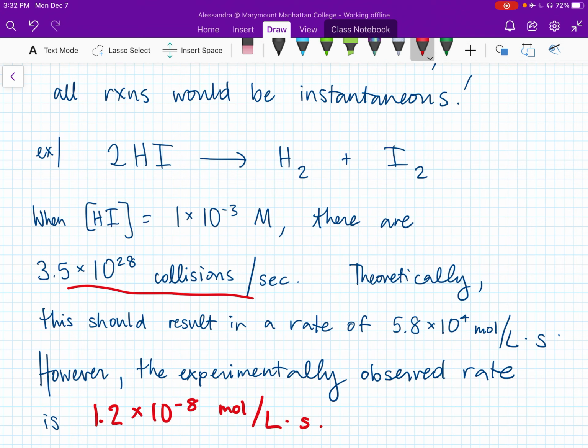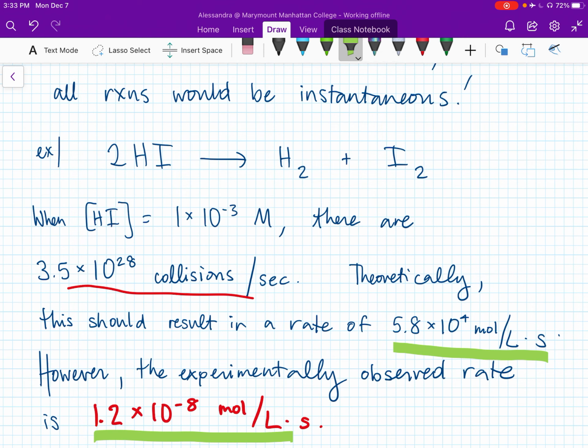Now, I want you to compare this experimentally observed rate with the theoretically predicted rate. The actual experimental rate is 12 orders of magnitude, almost 12 orders of magnitude slower than what's predicted from the number of collisions per second.